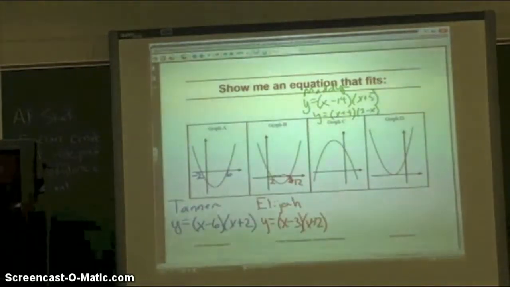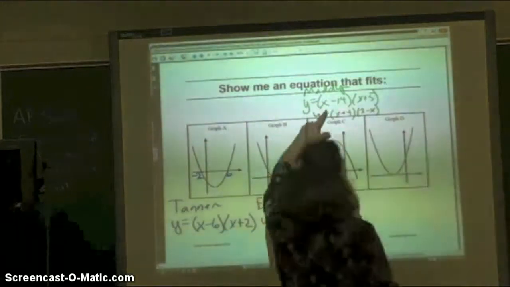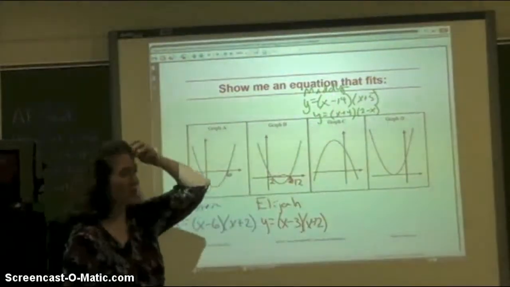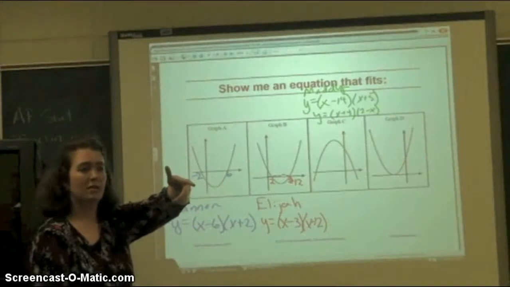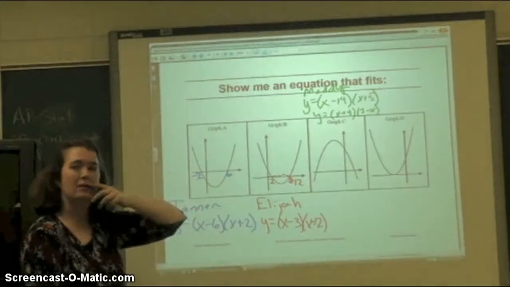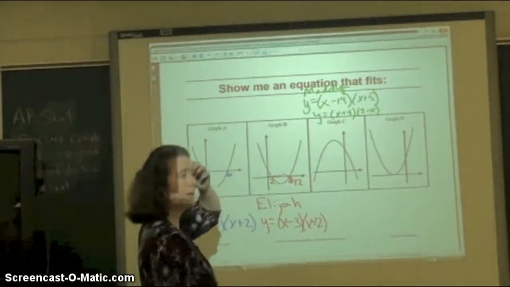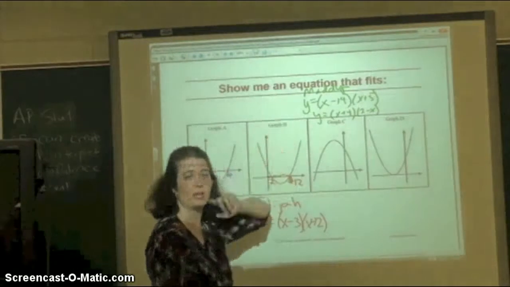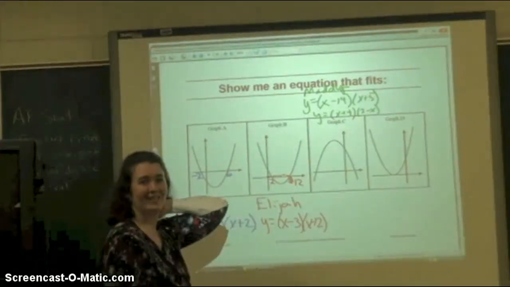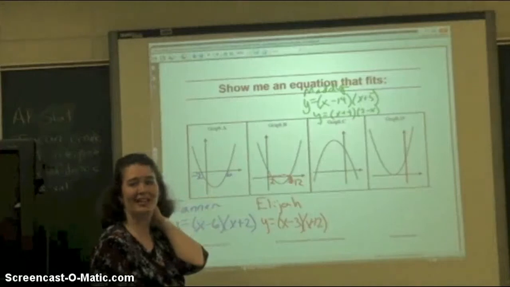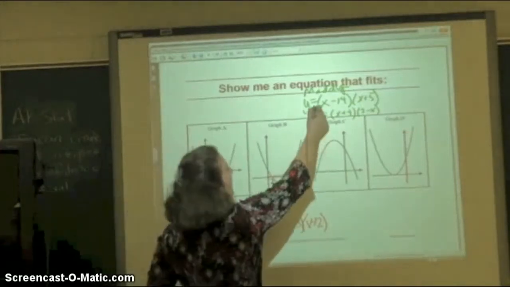The graph is flipped. What do we usually do if the graph is flipped? Switch what sign? What becomes negative? Positive. Where do we put the negative usually? Before the parentheses. Good, Maddie.